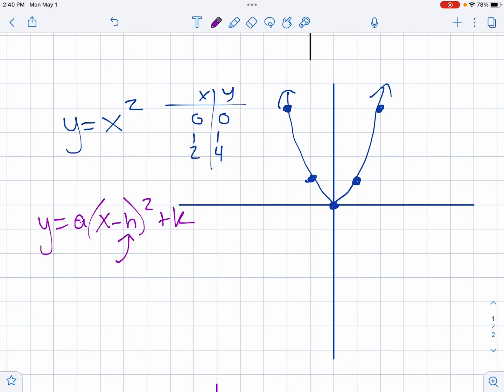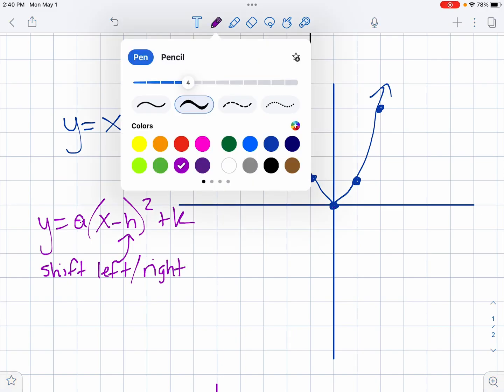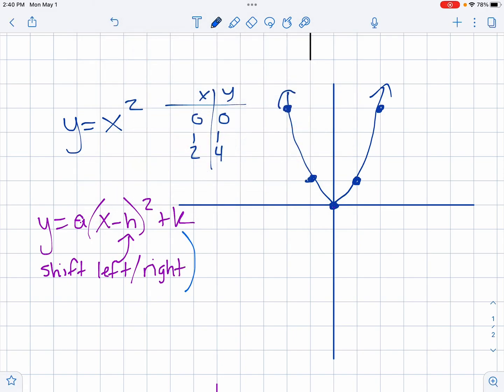It affects the x value. That's the x value of our vertex. And remember, you take the opposite sign. So that shows shifting left to right, opposite sign. We also know that the k was the y value, which means the k is going to shift it up and down.